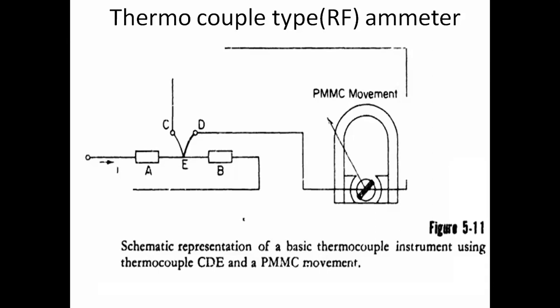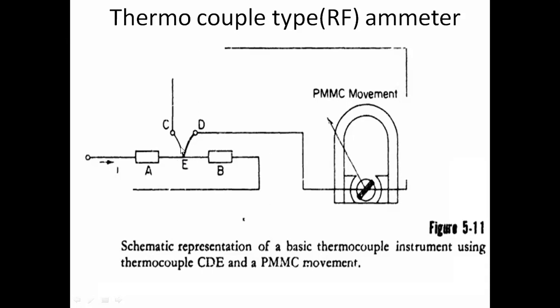When the two junctions are maintained at different temperatures, we will get an output at the other end. Suppose junction 1 is placed where we have to measure the temperature. Suppose this is the point E. Here we have to measure the heat which is produced through the wire.